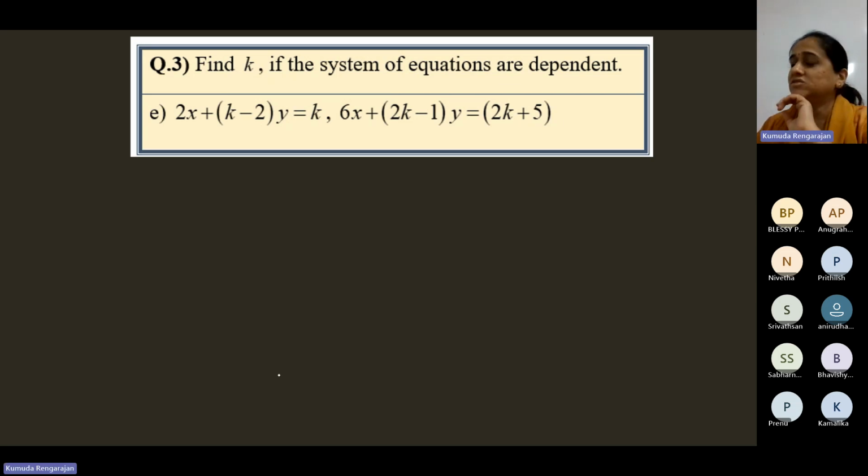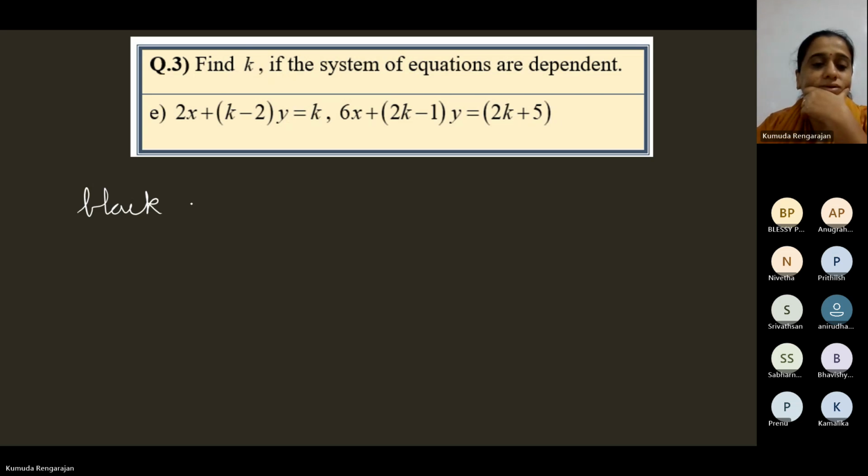A black number card which is a multiple of 2.